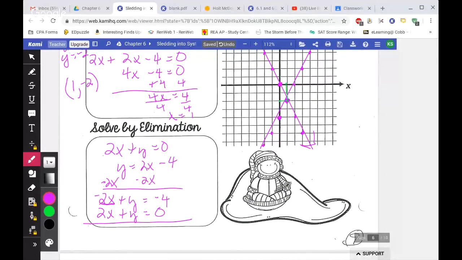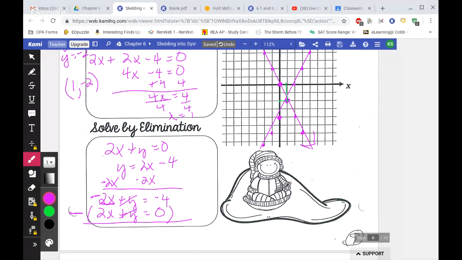So that means he would pick the y's, which is fine. If you pick the x's, this x has a negative on it, and this one has a positive, so you would have to add the two equations together to eliminate the x's. If you're doing the y's, which is what Aiden said he would pick, they have a matching coefficient of 1 with the same signs. So he would pick the y's and subtract the equations.